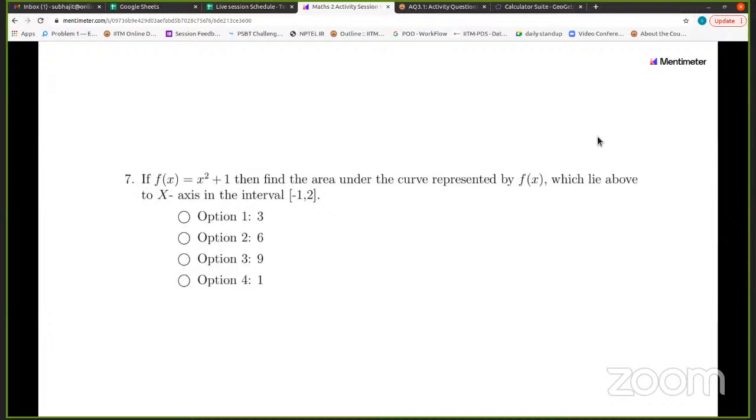Option 1 is 3, option 2 is 6, option 3 is 9, and option 4 is 1. So 3, 6, 9, 1 are the options. You can put your options here.